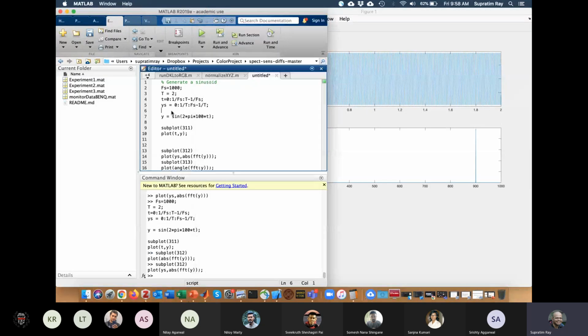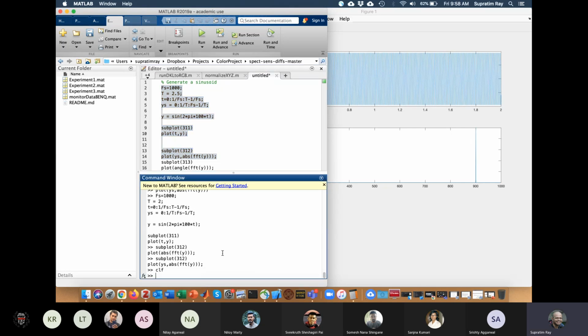So for example, let me say that the interval is 2.5 seconds. In this case, if it's 2.5 seconds, let's see how this looks like. So I'm going to do CLF.